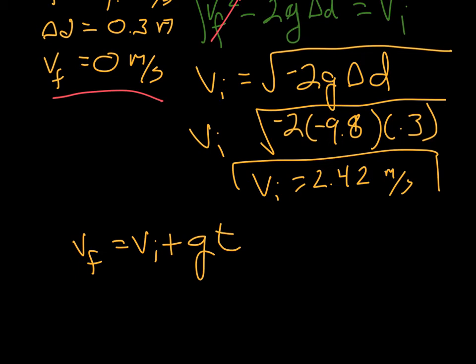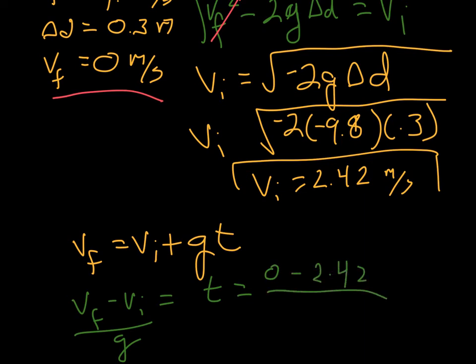So when I do the algebra, that gives me Vf minus Vi equals gt. So I divide by g, and that will tell me my t. Then I can simply plug in my numbers. Vf is 0 minus 2.42, my Vi I just solved for, divided by a negative 9.8. So the negatives cancel each other out, and let's put that in our calculator.